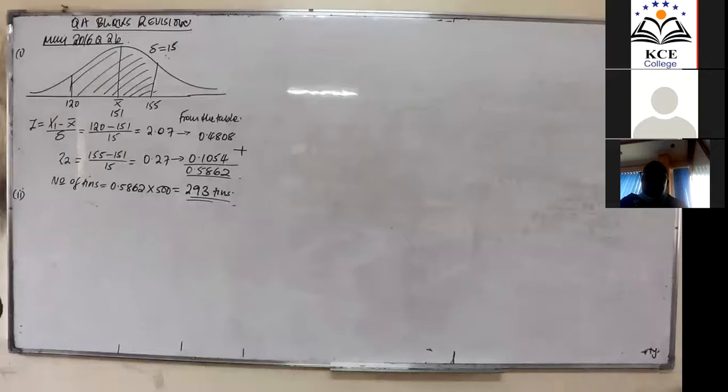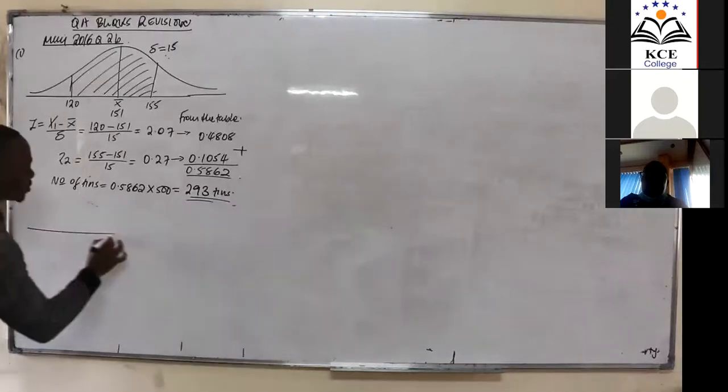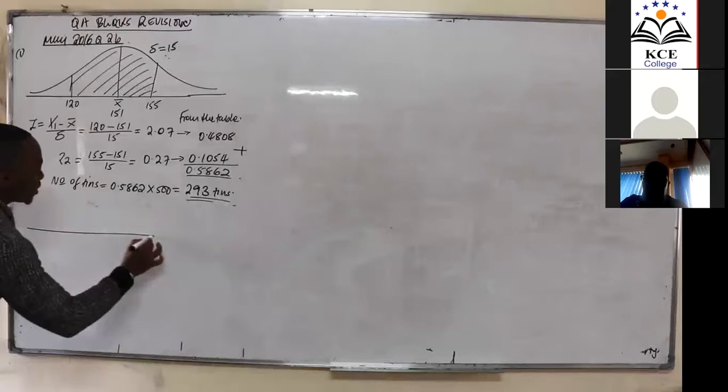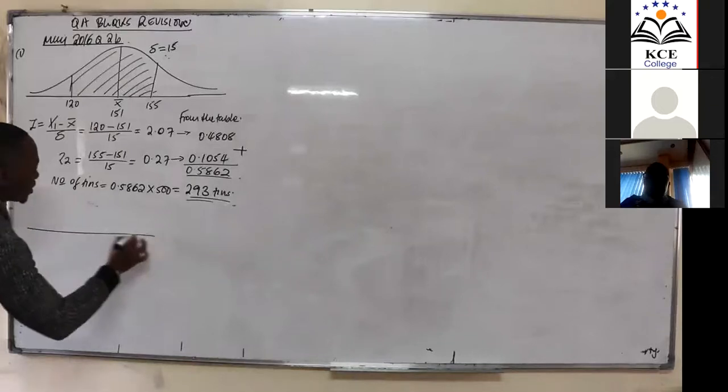Number two: the number of packaging tins that weigh more than 185. So let's draw that. Our X bar does not change, it is 151. Standard deviation is 15. In this case, we are looking at the number of packaging tins that weigh more than 185. 185 is on this side, more than. So we are looking at that shaded part.